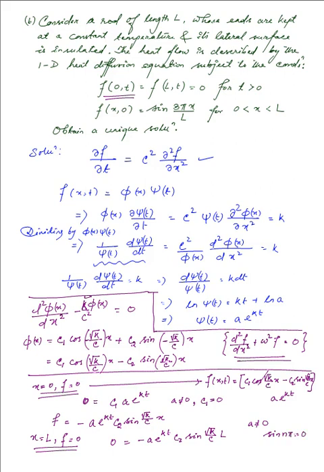So obviously if we compare this term over here, it is equal to n pi. So root over k over c times L is going to give me n pi, and we are going to continue the rest of the problem in the next page.